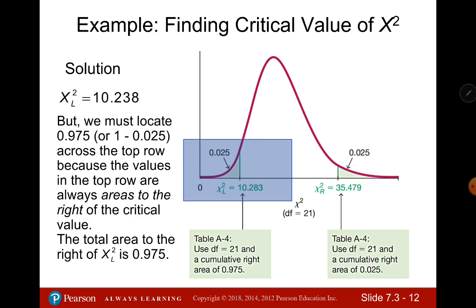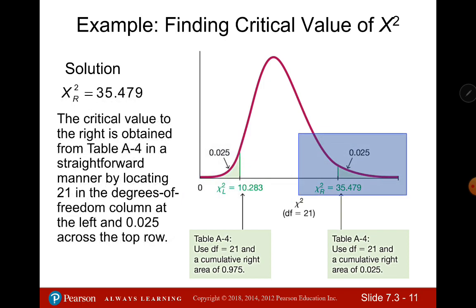So let's check the right side critical value first. If you have your chi-square table with you, let's check the top row, because we already know the chi-square table gives you the area cumulative to the right side. So we already have the right side cumulative area, 0.025, for the right side critical value. Find 0.025 in the top row.